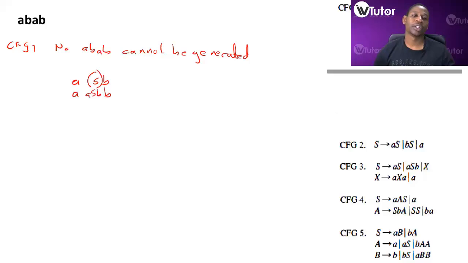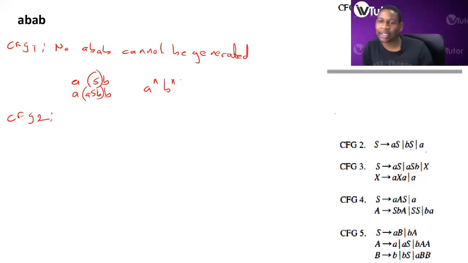So it's the language A to the power of N, B to the power of N, and ABAB is not that. Let's go to CFG2. CFG2 says ASBSA. We want ABAB. This says S terminates with an A, so this represents all the words ending with an A.